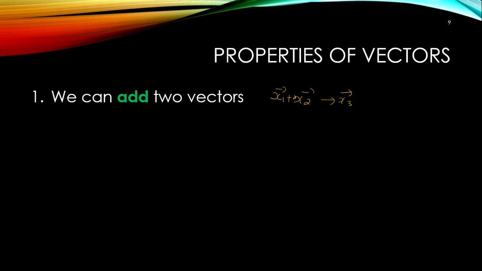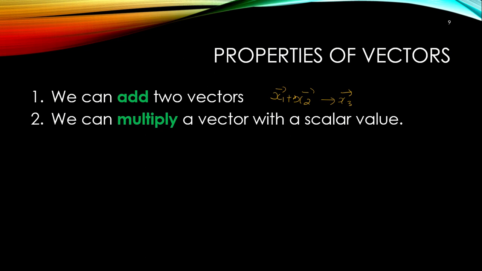And the second property is we can multiply a vector with a scalar value. A scalar is nothing but some real number. It belongs to the real numbers. I can multiply a vector with a scalar value, and that product will also give another vector.